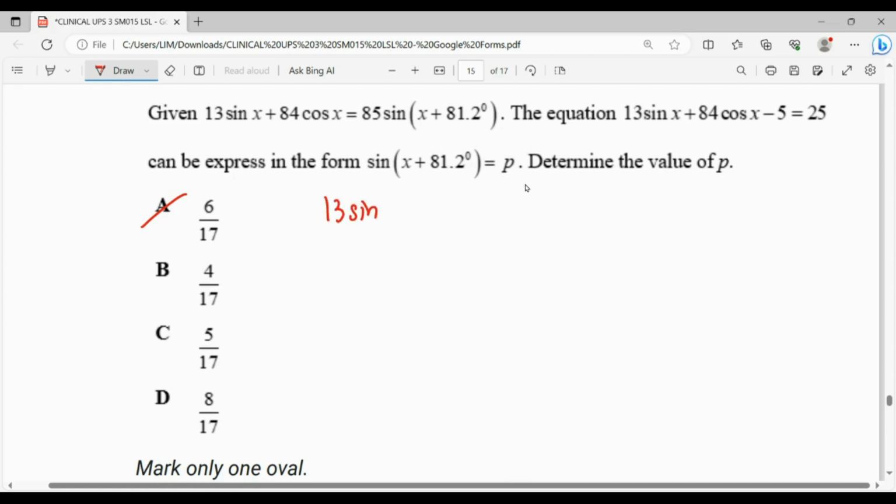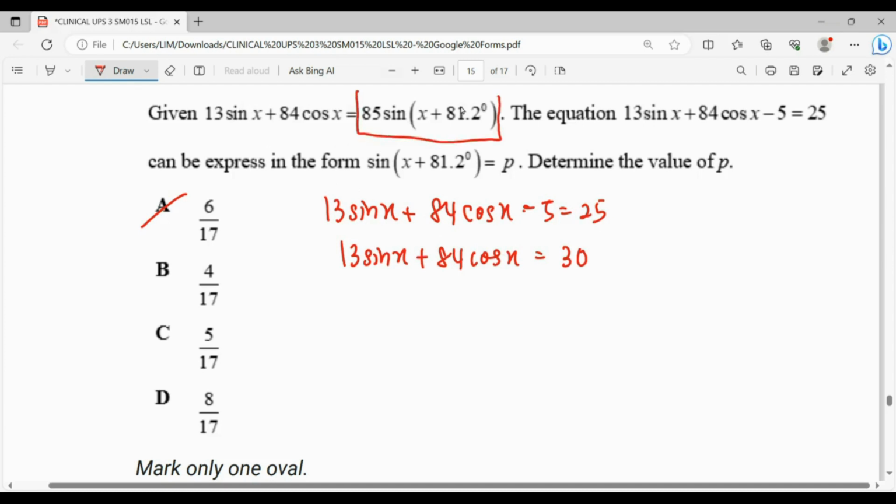So firstly, 13 sine x plus 84 cos x minus 5 equals 25. Actually, move your 5 to the right hand side, it will be 30. This 13 sine x plus 84 cos x can be expressed as 85 sine of (x plus alpha), so equals 30.